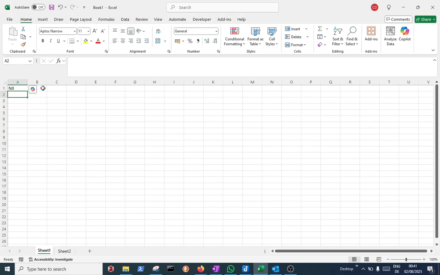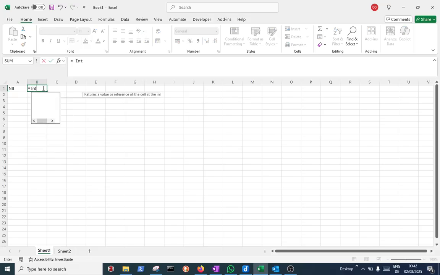So, net interest income is equal to interest income minus interest expense.